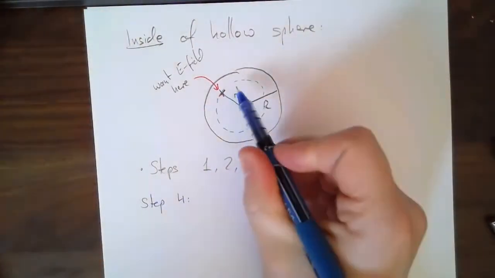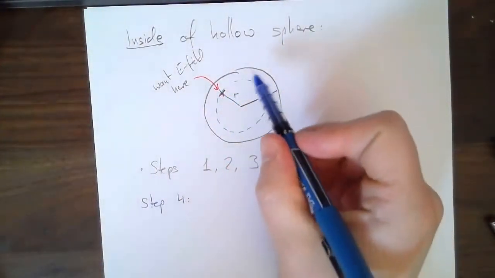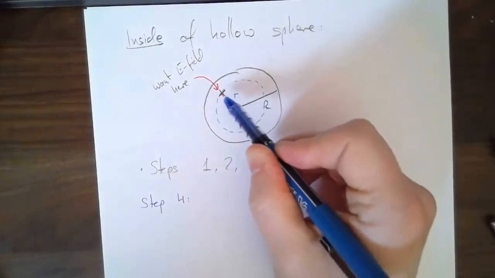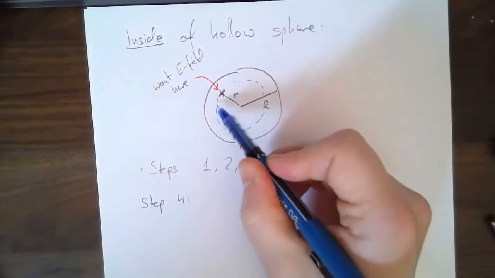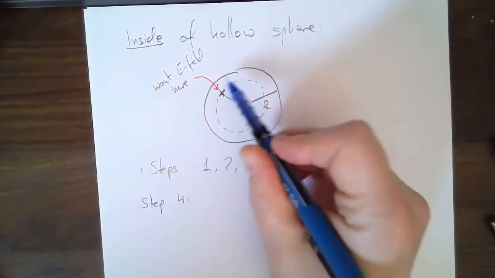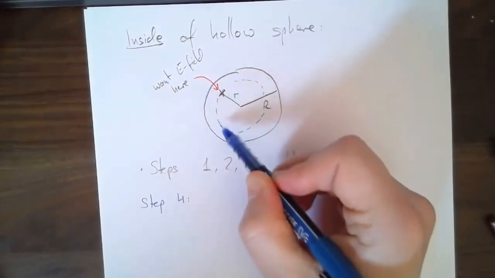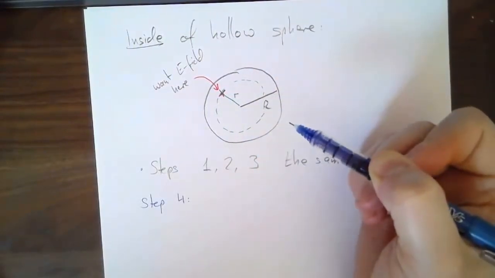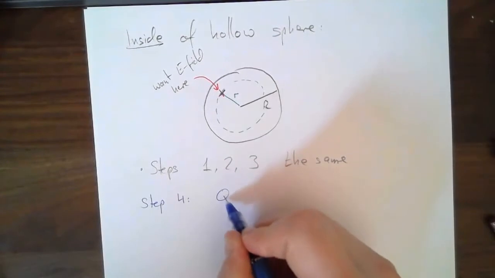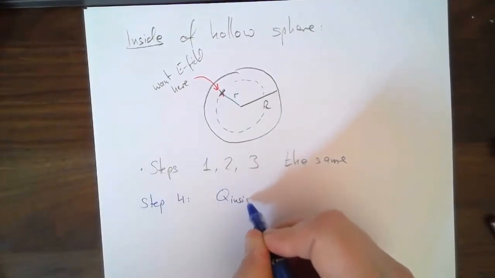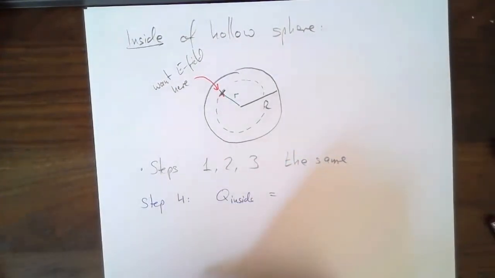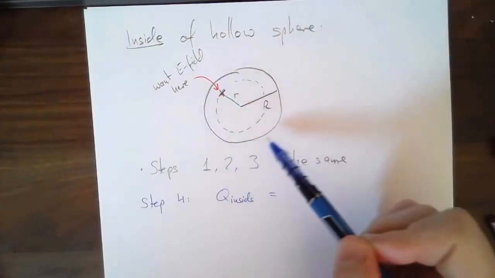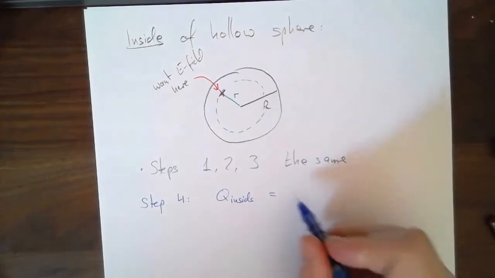Well, what is the charge inside this surface? Remember, all the charge is on the surface of the sphere. If you try to visualize it in 3D, it's a smaller imagined ball inside the bigger ball. Well, what's inside the smaller ball? It's just empty space. So Q inside is not the Q, the thing we call the total charge of the sphere, but it's 0.